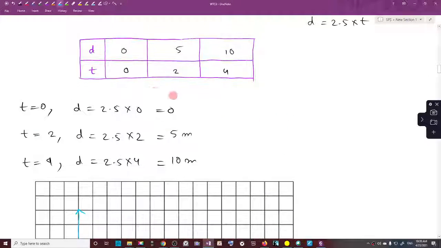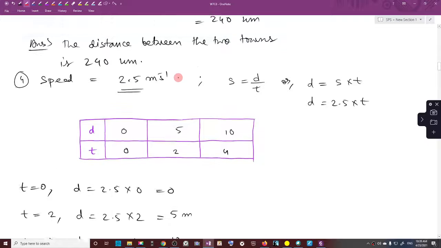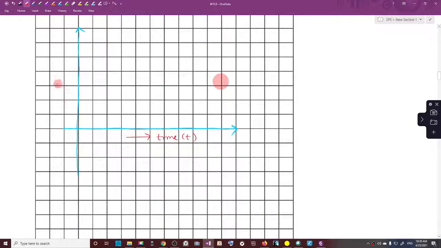Okay, now what has been said is that t equals 0, it will be 0. So let us plot this axis as time axis. We can write it as t, and let us plot this axis as distance axis.